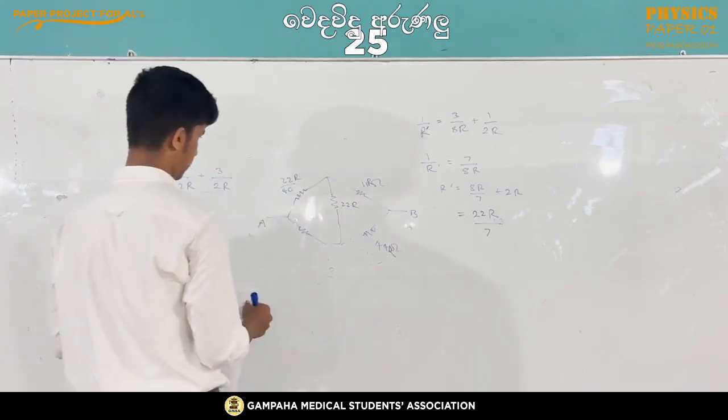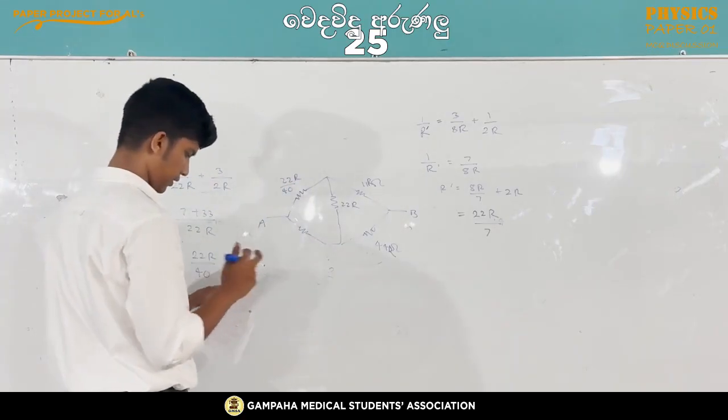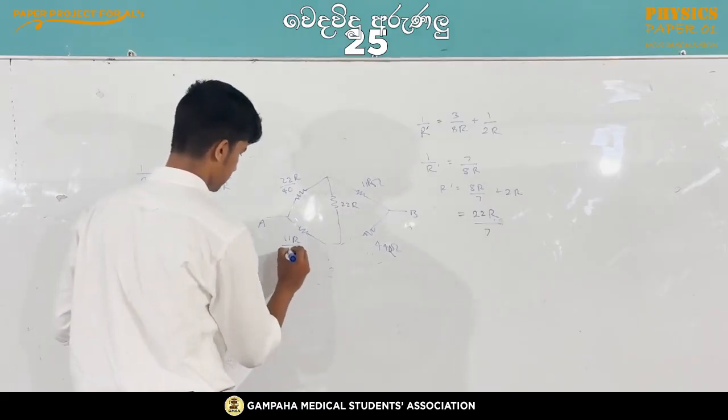This is 22R over 40, and this is equal to 11R over 5.